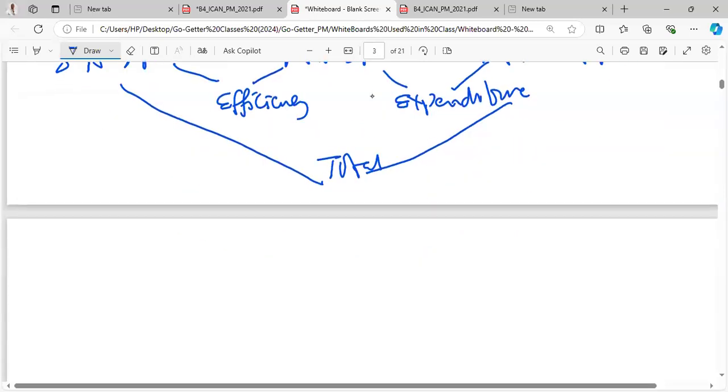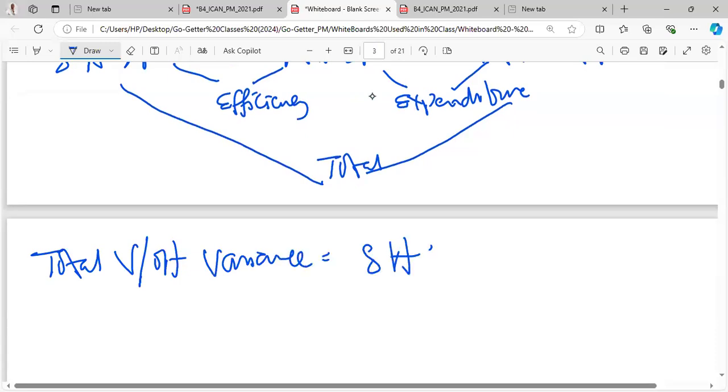So let's derive them. Formula: total variable overhead variance. That will give me standard hours, standard rate minus actual hours, actual rate.